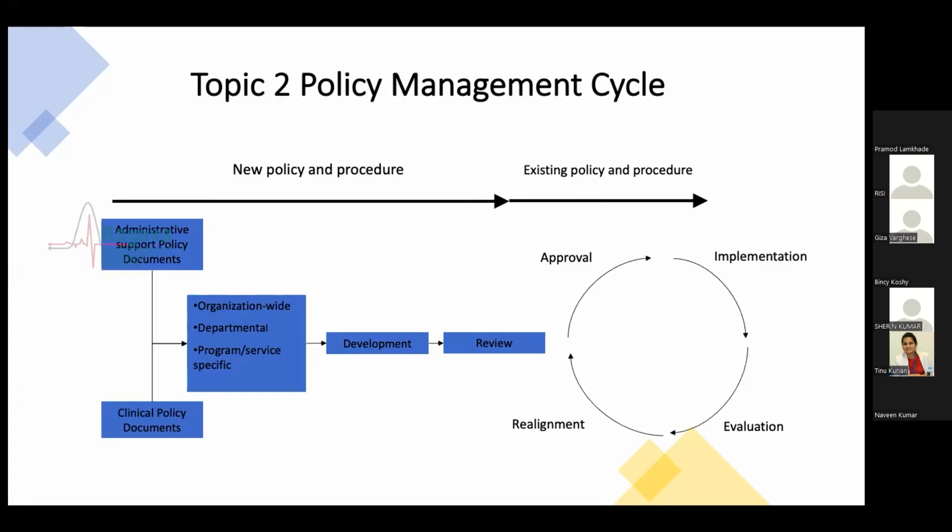Then based on applicability, these policies can be further divided into organization-wide policies, departmental policies, or service-specific policies. Whenever a department identifies a need to develop a policy or revise an existing policy, this should undergo a development or authoring phase. Once it is developed, it should undergo review by needed stakeholders.